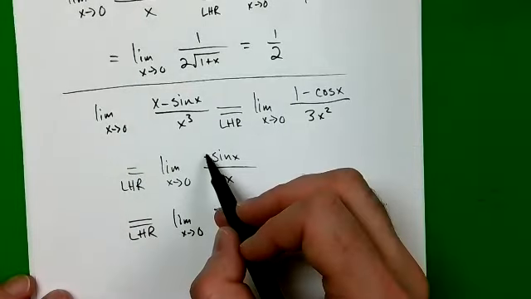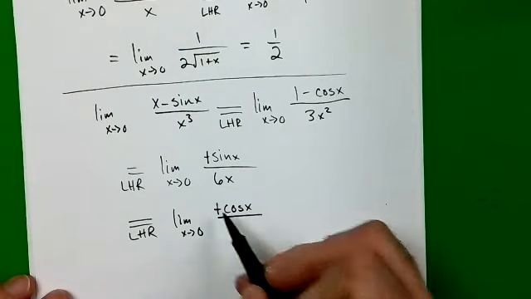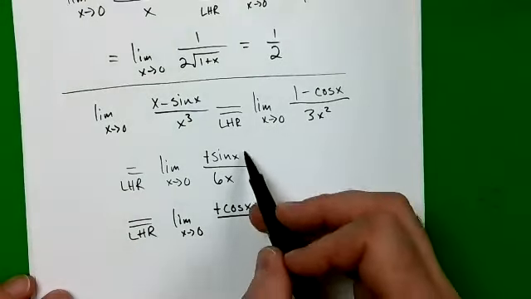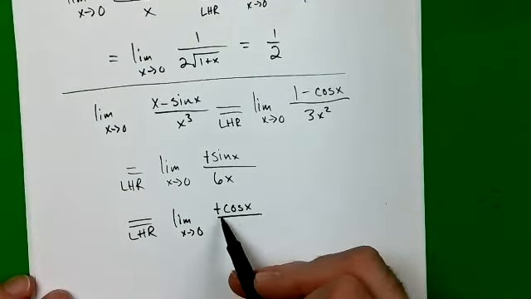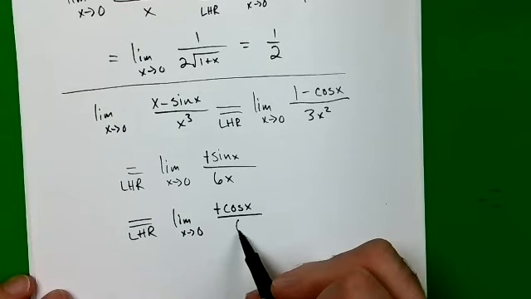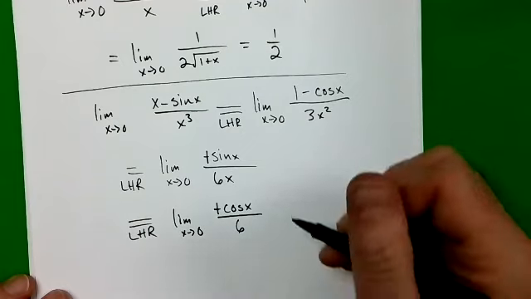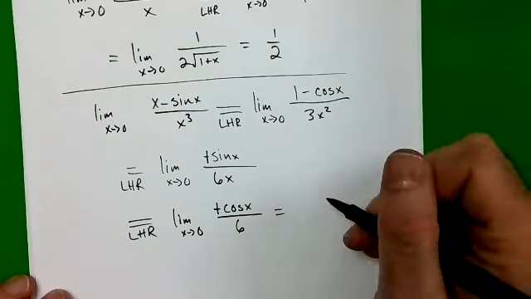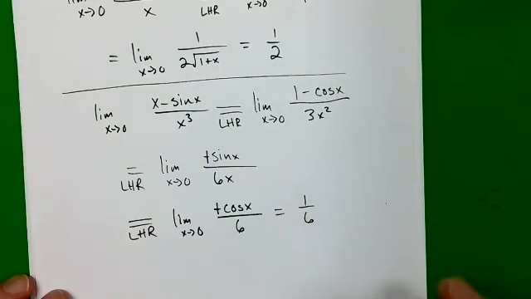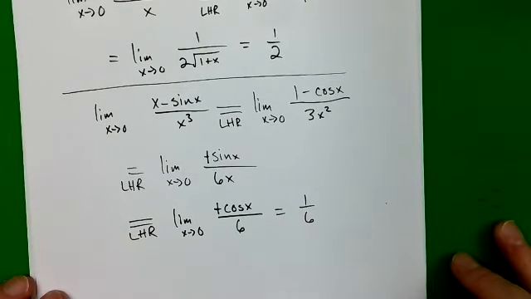Derivative of negative cosine should have been positive sine. So that should be positive cosine. Still 0 over 0 indeterminate form, because we get a plus sign there, over 6. Now that is not a 0 over 0 indeterminate form, and we can take this limit by direct substitution and get 1/6.